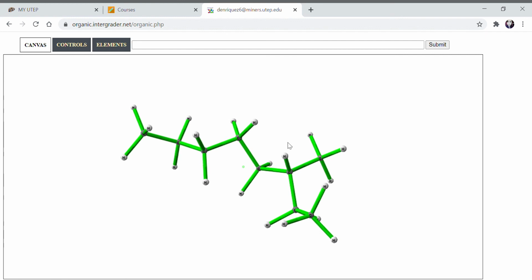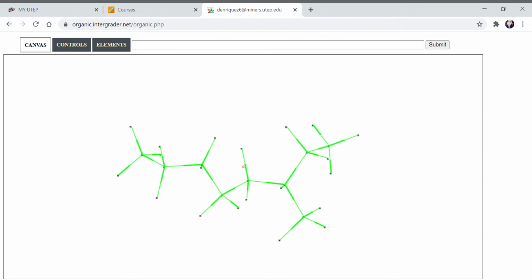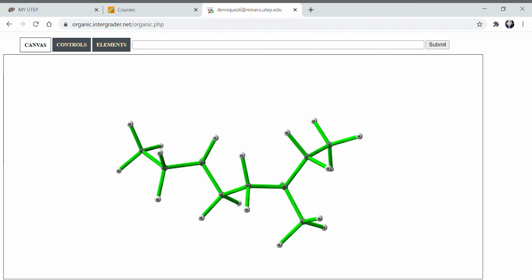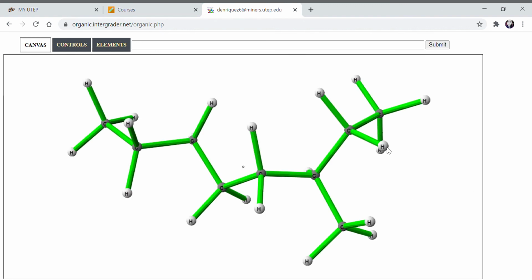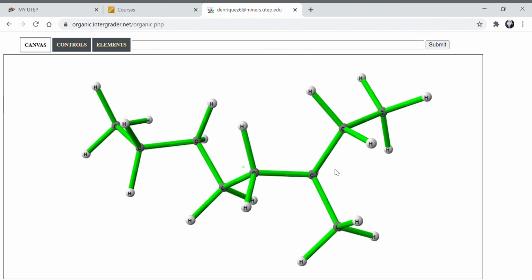I see this one right here, which is going to be my chiral center. I arrange it so I can have my methyl on the bottom and my hydrogen in the back. I'm going to go ahead and fit it so I can see more. We've got our long branches again, so I'm just going to jump right into it. This is the highest priority, 2nd, 3rd.